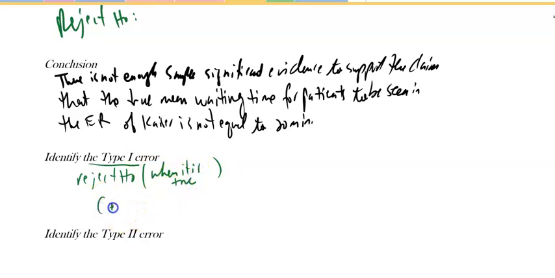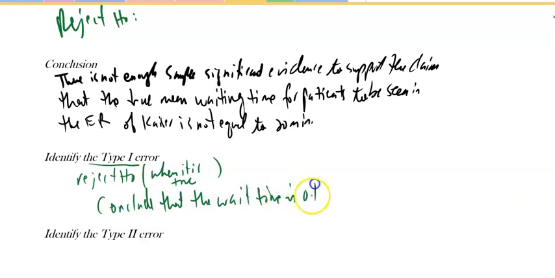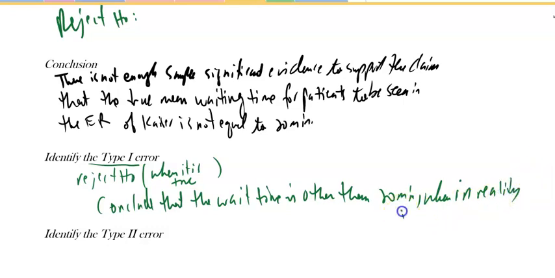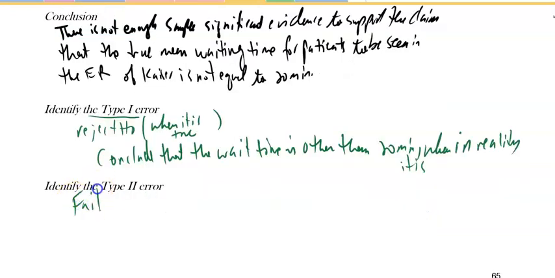So here you would conclude that the wait time is other than 20 minutes when in reality it is. And type 2 error is when you fail to reject, so you kind of support it when it was false.